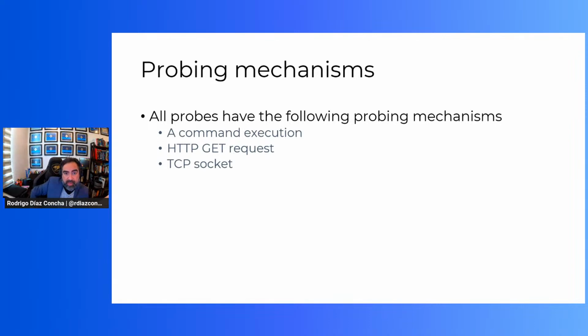The first one, as I mentioned before, is the command execution. Maybe you want to execute this particular command in order to know if the pod is behaving correctly. The second one is an HTTP GET request. This is for when you have a container using a web framework, maybe Node.js or ASP.NET Core.